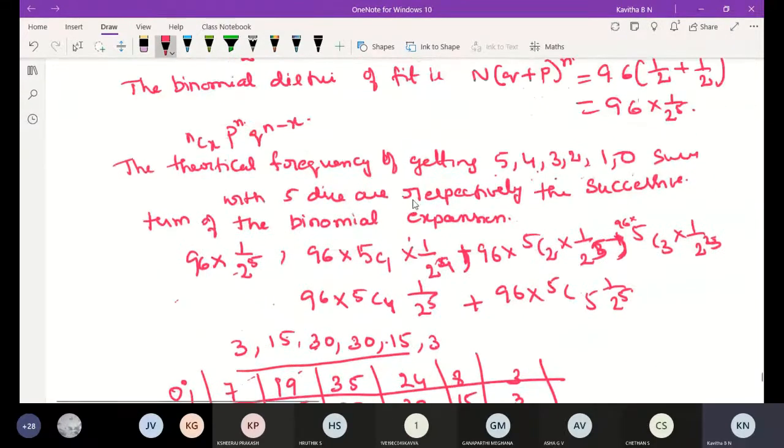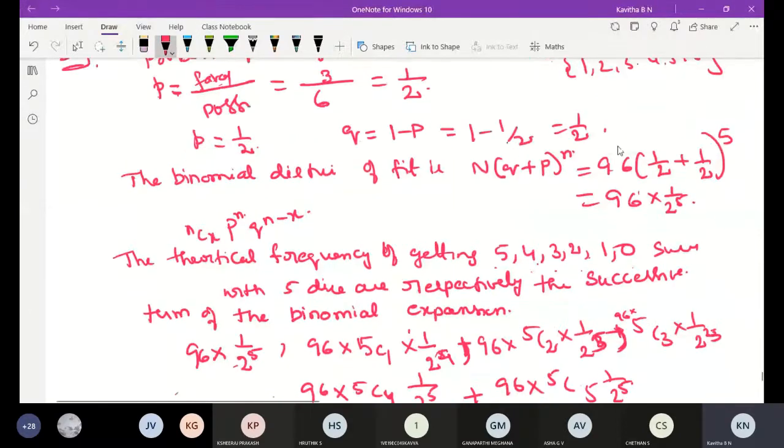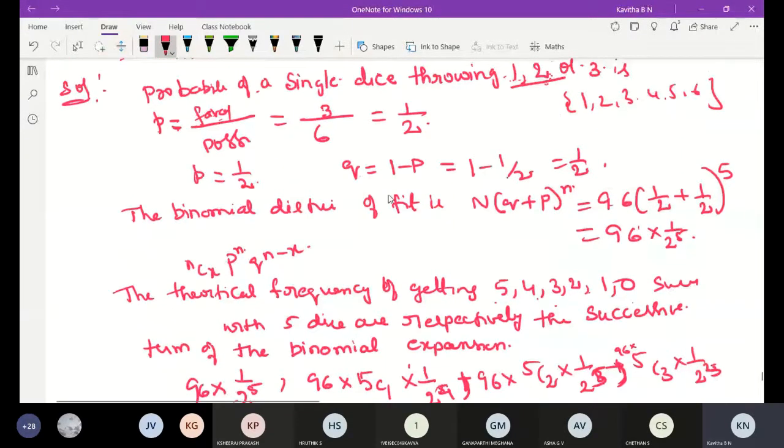We wrote here the binomial distribution fit: capital N into (q plus p) whole to the power of n. Understood? Any doubt?